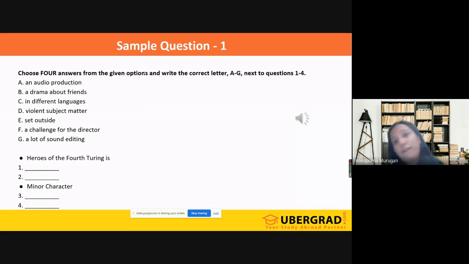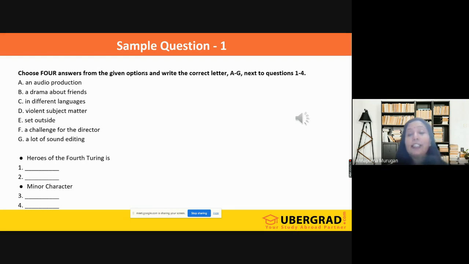If you want to get a good score on IELTS, the first key thing you need to learn is understanding the question. If you understand the question, you will be almost done with 50% of the answer.